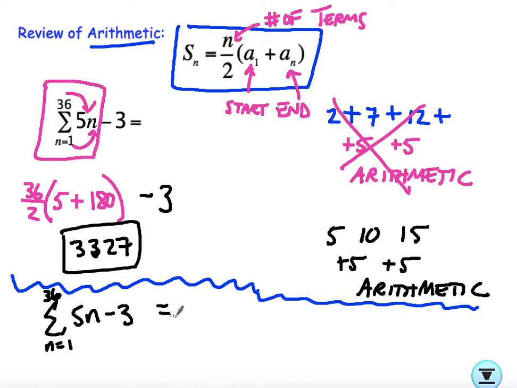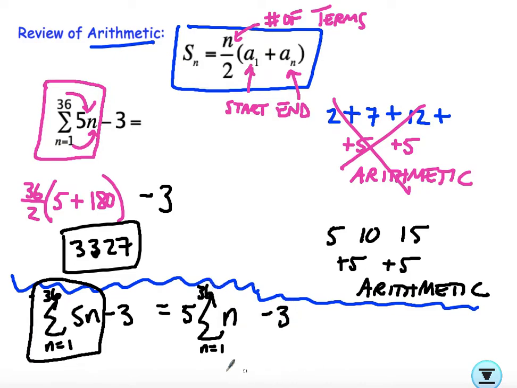Okay, so using the rules that we learned in the last couple slides, and again, remembering that the summation is only applying to the 5n, not this minus 3, because there was no parentheses, I can, though, take this constant out in front. That was one of my new properties. So I could put the 5 out in front. Okay, so that means now I'm just summing up n.